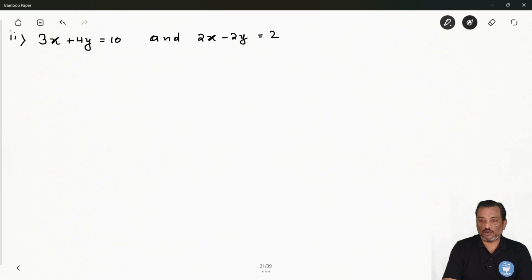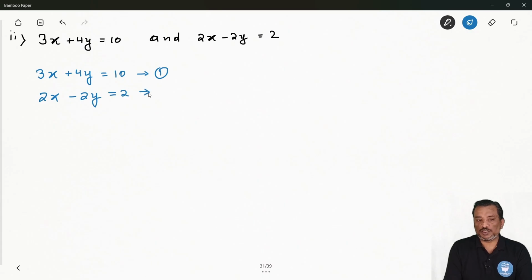So first equation, 3x plus 4y is equal to 10, we will take as equation 1. Then you can say 2x minus 2y is equal to 2. So this one you can say equation 2.